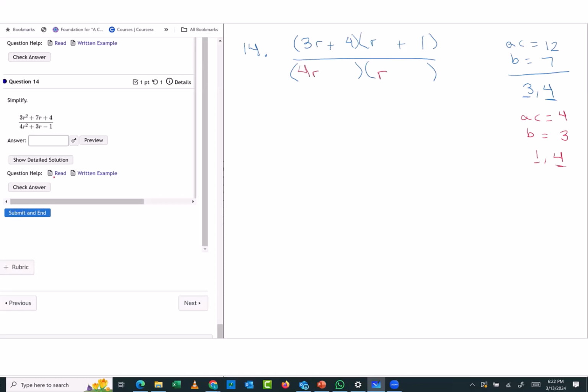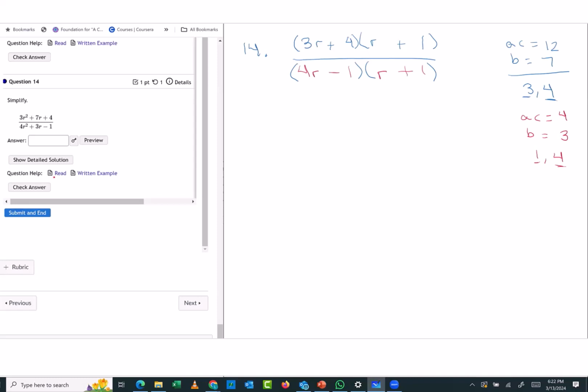That gives me my 4r squared. 4r, if I do outer times outer, that's going to be my 4, and inner times inner is going to be my 1r. And since it is a positive 3, the outer times outer, which gives me 4r, is going to have to be positive, and this is going to have to be negative.